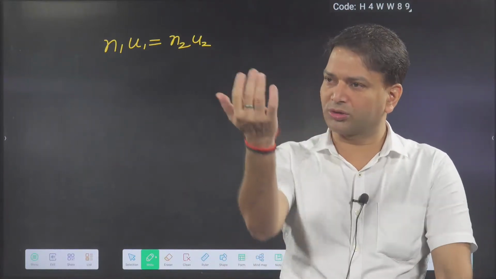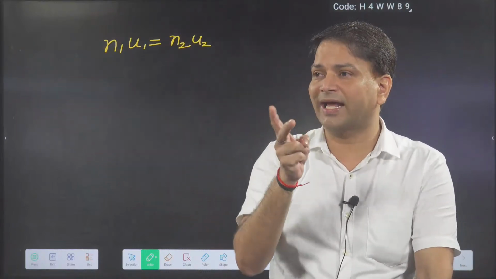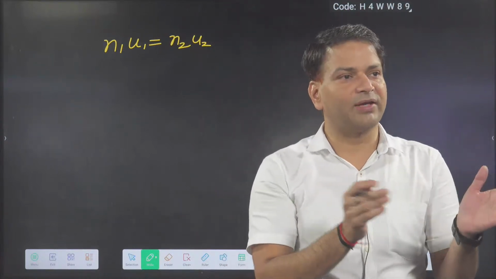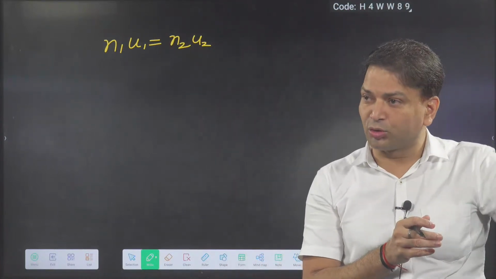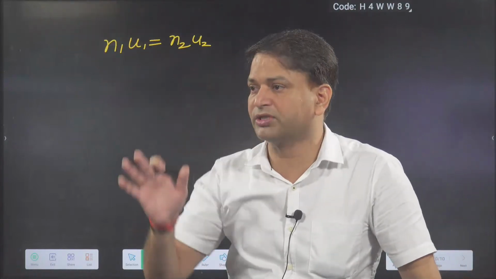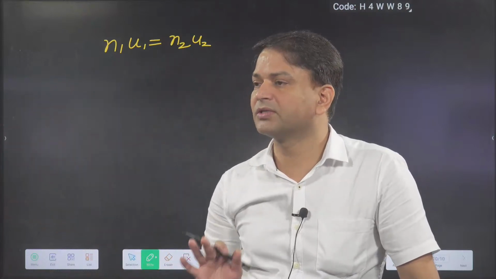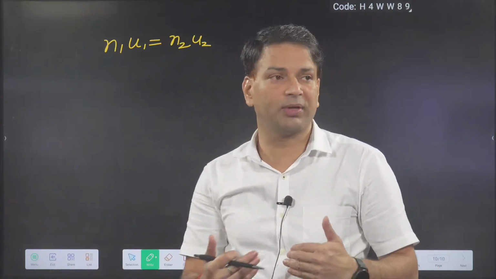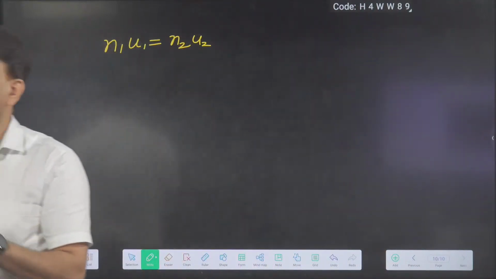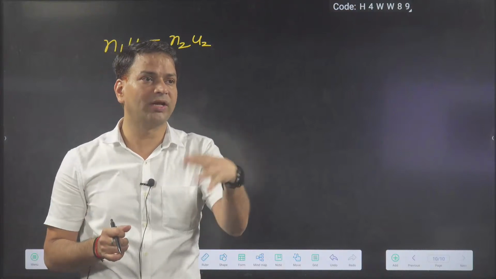Suppose N1 you took from one system, and the unit U1 you have taken from the other system. The mistake is taking magnitude from one system and unit from the other system. So first in the mind you have to decide which system I am taking as 1 and which system I am taking as 2, before applying this formula.